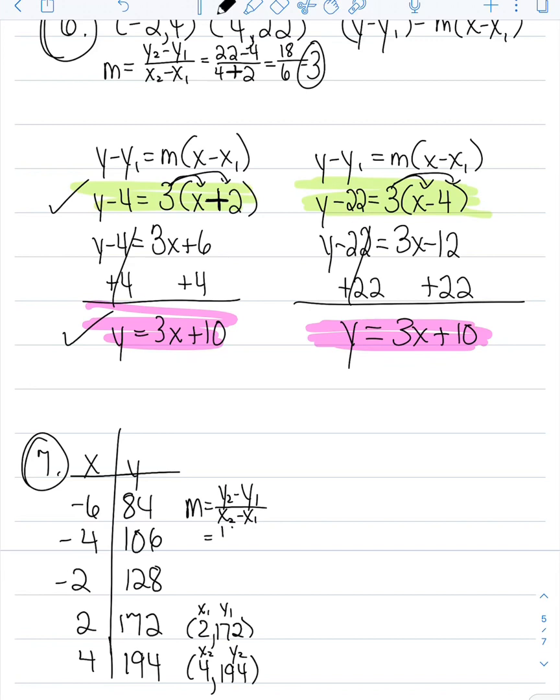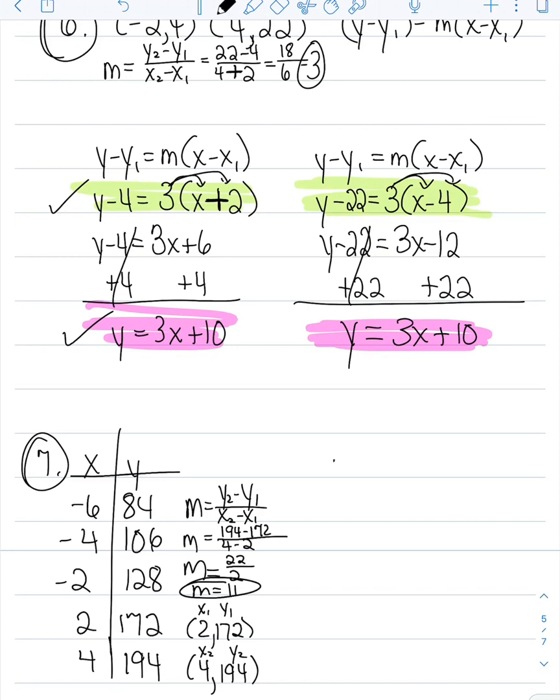So this is going to be 194 minus 172 over 4 minus 2. So let's keep going here. If I subtract 194 minus 172, I get 22. 4 minus 2 is 2, so my slope is 11. So, does it matter which point I use to write my formula? No.